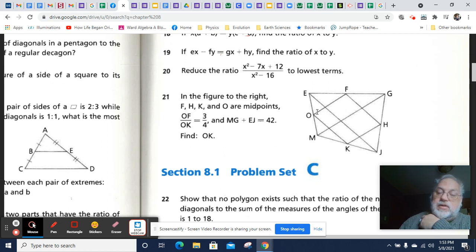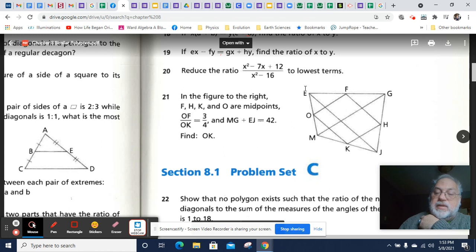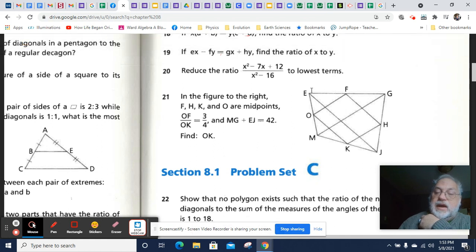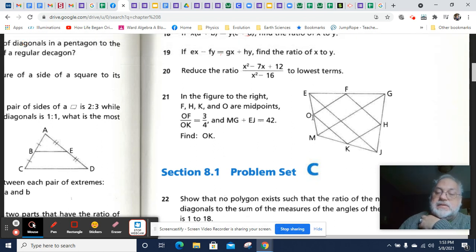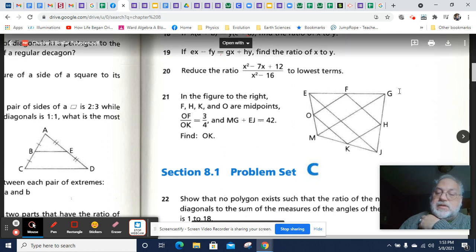So this angle and this angle, well, you make a parallel line, and that tells us that angle EMG is the same as angle EOF, and EFO is the same as EGM, and so forth. Also, this is going to be half as large as the base.